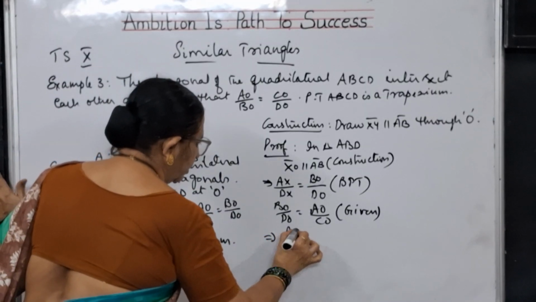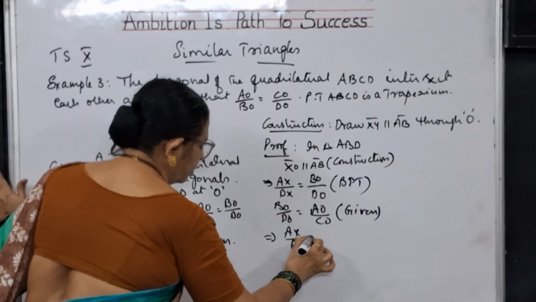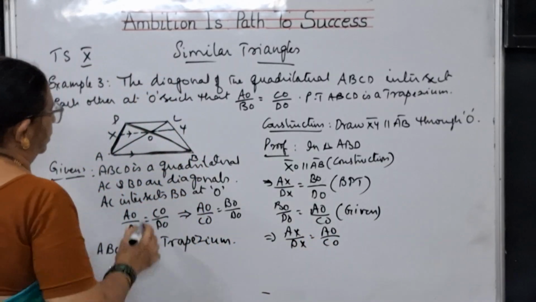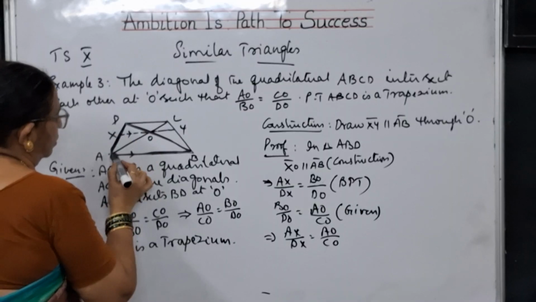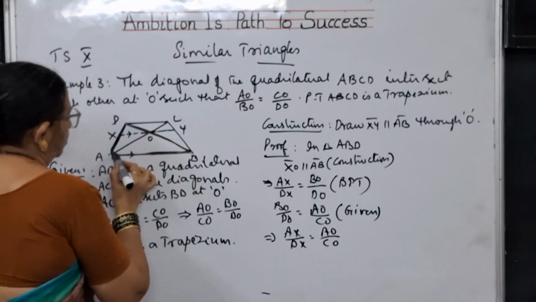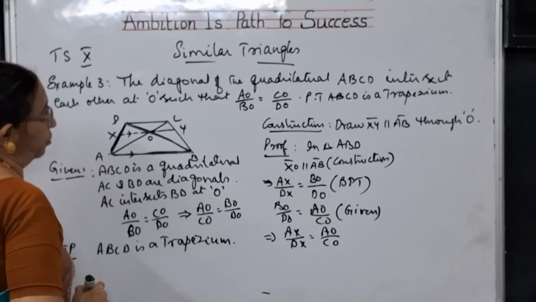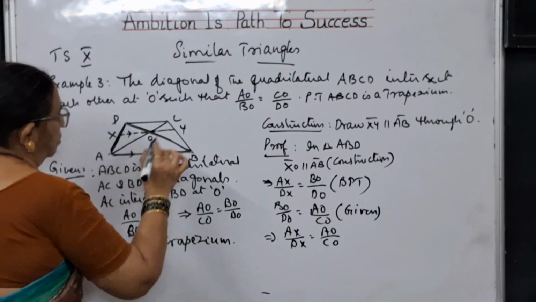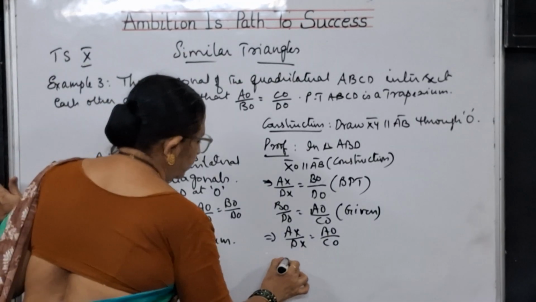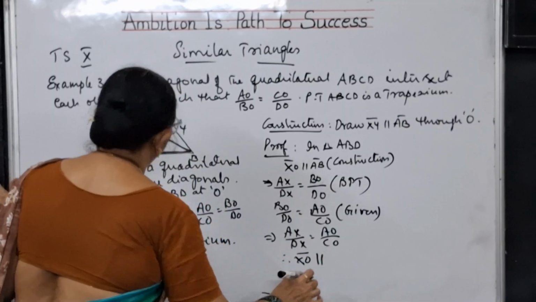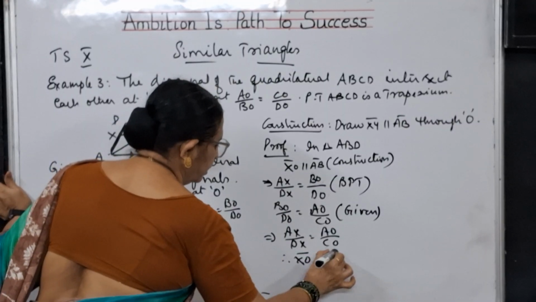This implies AX by DX is equal to AO by CO. So let us see the figure. That means these two are in the same ratio. That means you can say that XO is parallel to CD.